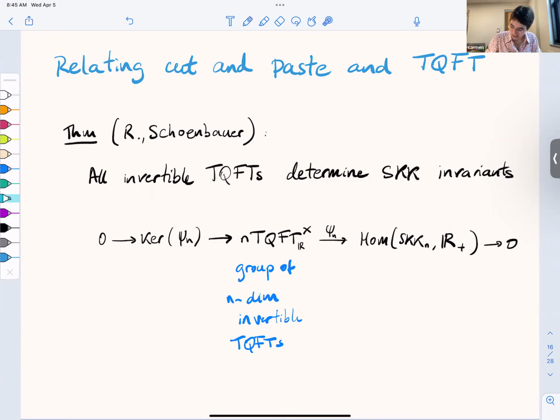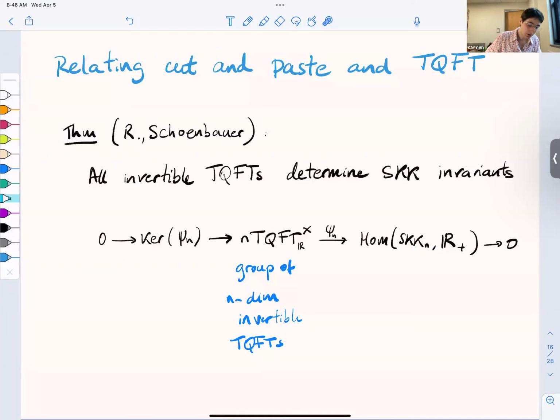So here we are seeing SKK again. Remember this, our cut and paste group. What am I taking here? Well, I'm taking classes in SKK and I'm taking homomorphisms to the reals. I'm working multiplicatively now. I'm taking the reals, but essentially what I'm taking here is just SKK invariants.